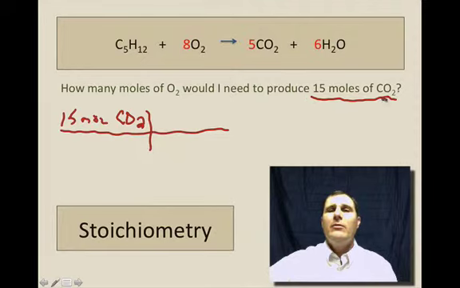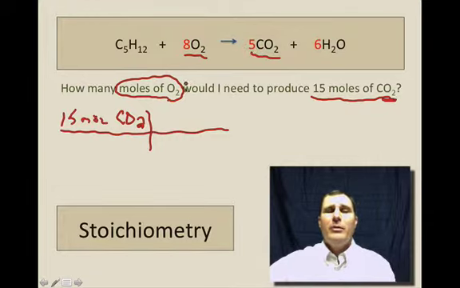Perfect. Now, I need to convert CO2 to moles of O2. Well, mole ratios help us change from one substance to another. And since I'm going from CO2 to O2, I'm going to use these two as a mole ratio. Now, if you remember from before, I could put this either way. I could put 8 moles of oxygen on top of 5 moles of carbon dioxide, or I could put 5 moles of carbon dioxide over 8 moles of oxygen.